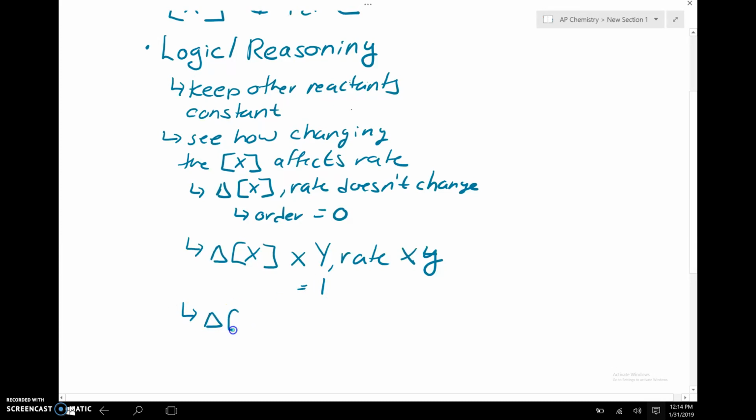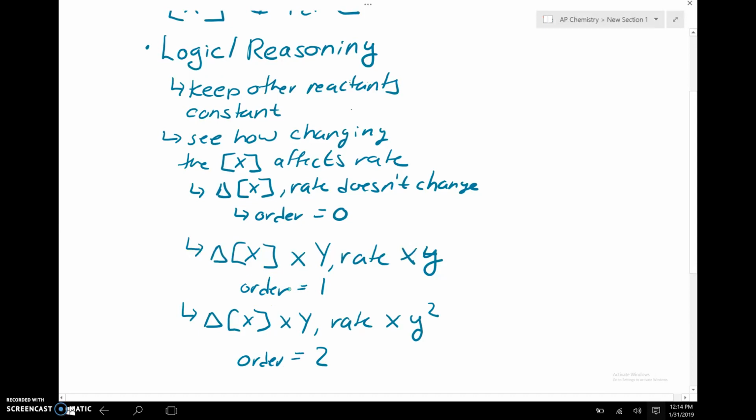If we change the concentration of X by some factor Y and the rate gets multiplied by Y squared, then we know that the order is 2. I'm going to go back here and add the word order.